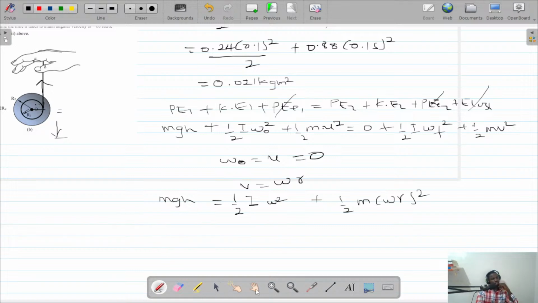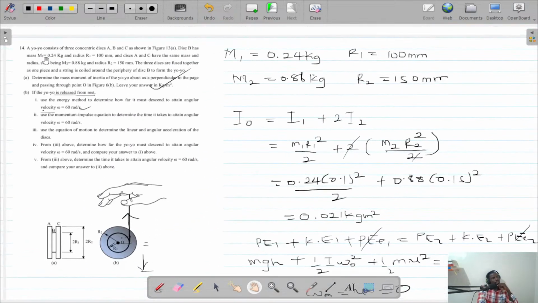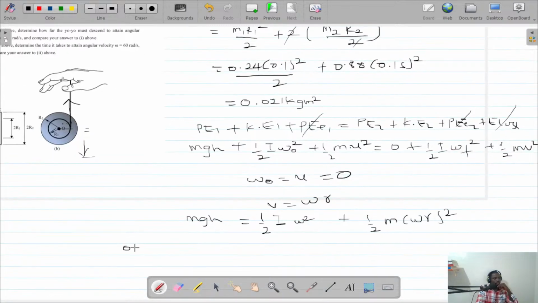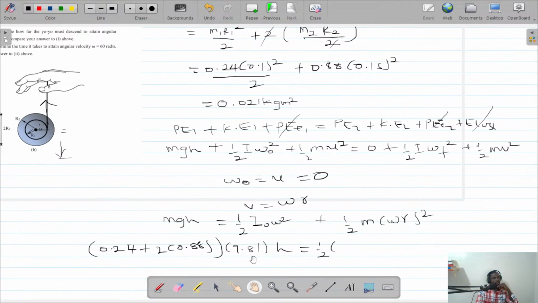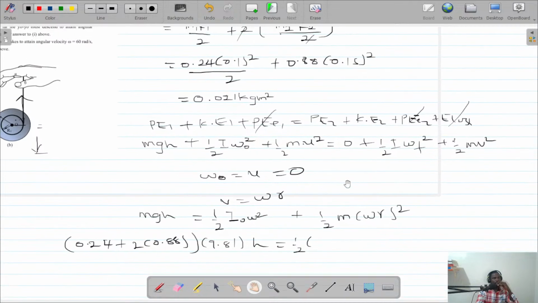The total mass of the whole thing is going to be 0.24 plus 2 times 0.88. So 0.24 plus 2 times 0.88 times 9.81 times h should be equal to one over 2, and then I about O, I_O, is 0.021.